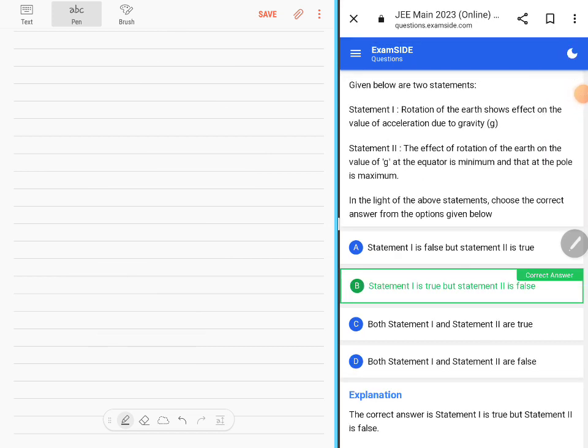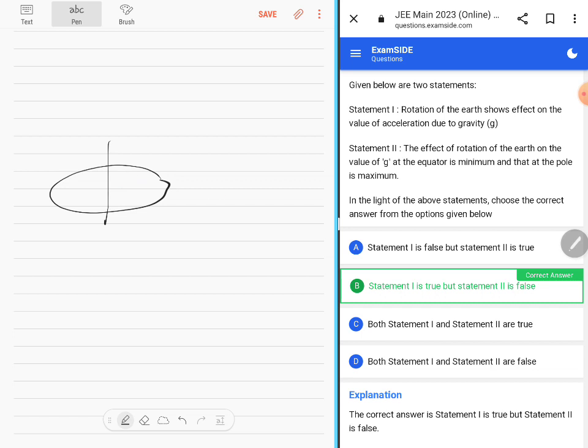Statement 2. Statement 1 is finished. The rotation of the earth has an effect on the value of acceleration due to gravity. Rotation of the earth is spinning about its axis. Earth is flattened at the edges. We know that the earth is flattened because of the rotation.